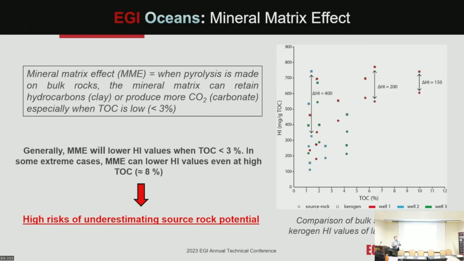So the whole idea is to use a machine trained on pyrolysis data and kerogen visualization data to come up with more realistic, more accurate HI, TOC and other pyrolysis data.